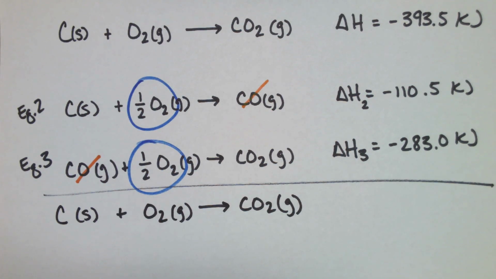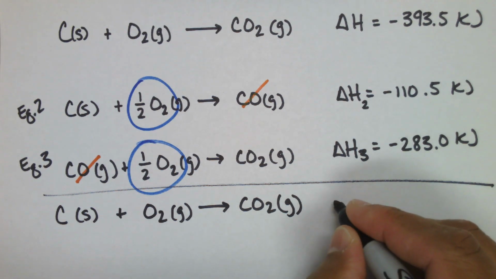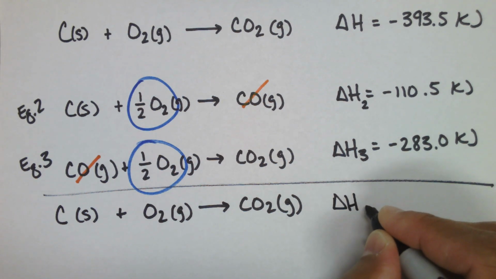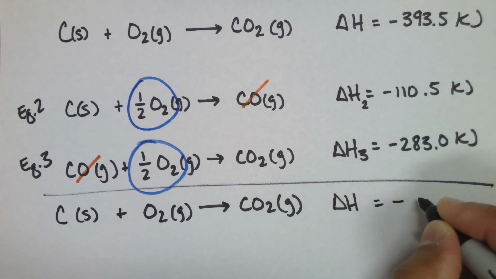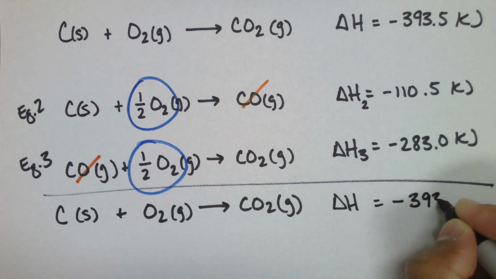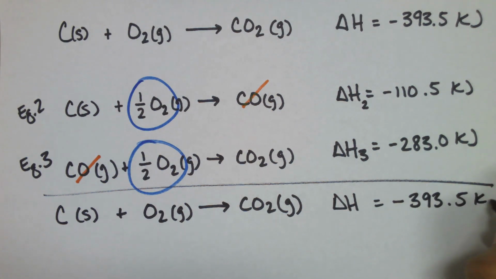The net reaction is the same as the original reaction. We can simply sum the changes in enthalpies of reactions 2 and 3 to give the overall change in enthalpy: negative 393.5 kilojoules.